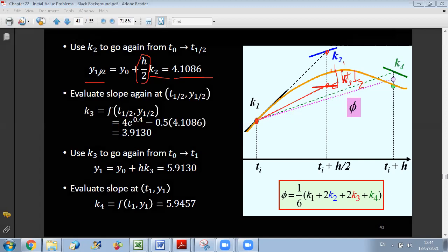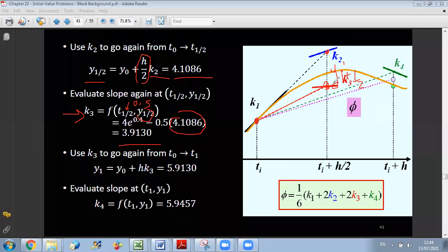Once we get y half, we are ready to compute k3 at y half. All we have to do is evaluate y prime at t half, y half. We put in the update of y half, and of course t half is still 0.5, while y half was corrected, so we use the correction, and then we get the value of k3.